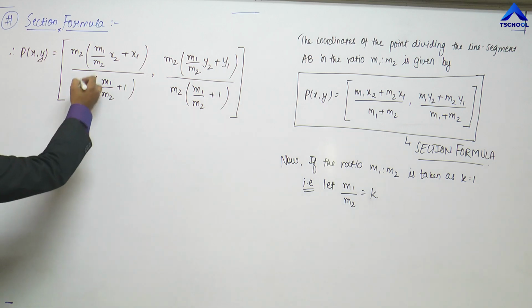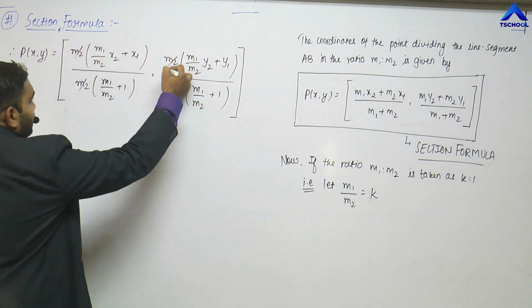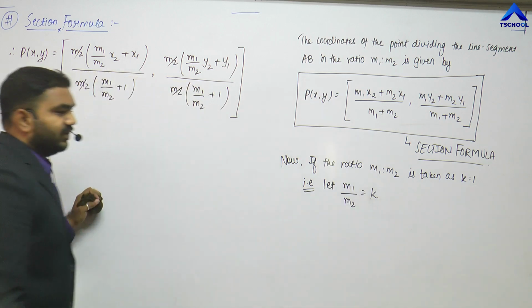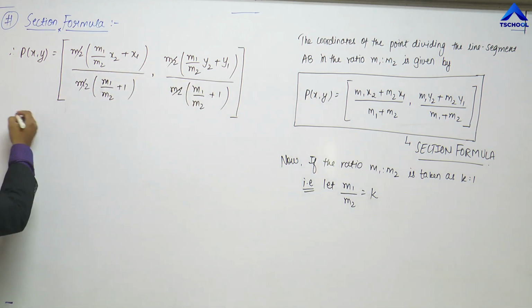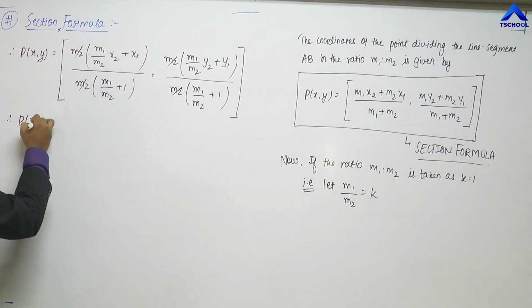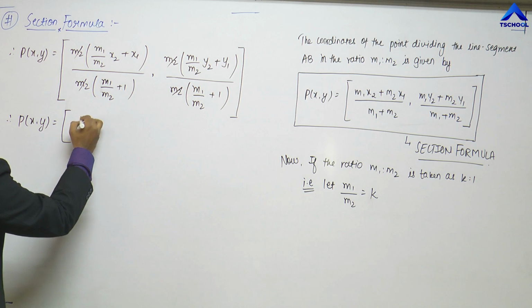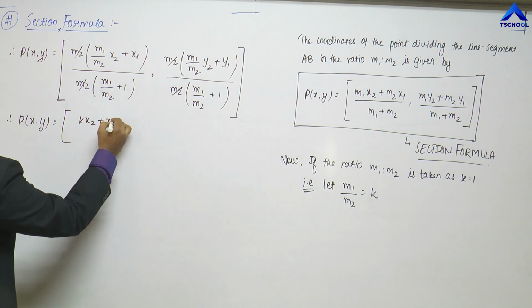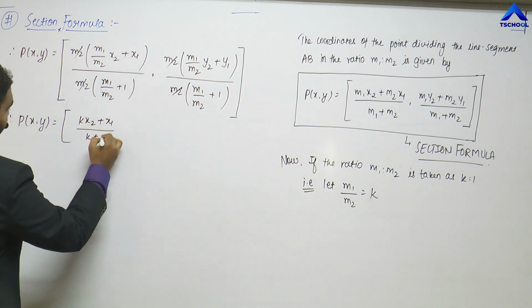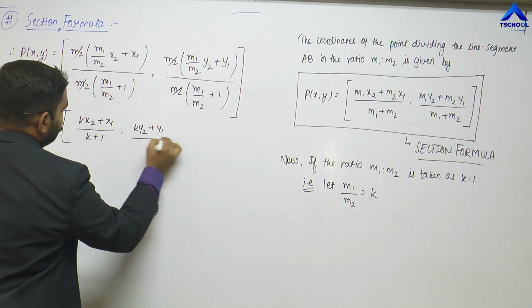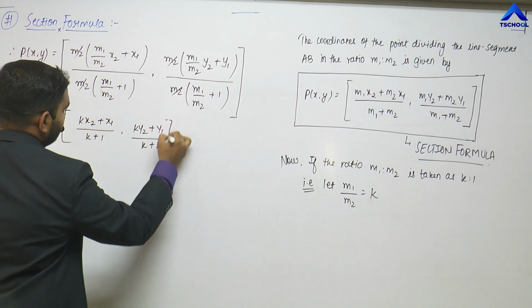Now you can cancel out this m2 with m2, and we have used that m1 upon m2 equals k. Therefore, P(x, y) can be written as (k x2 plus x1) upon (k plus 1) comma (k y2 plus y1) upon (k plus 1).